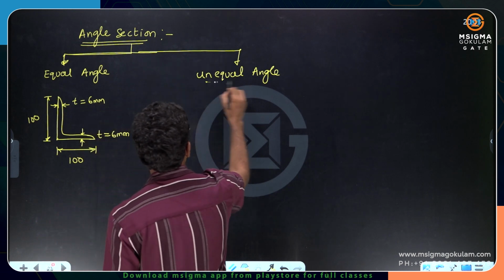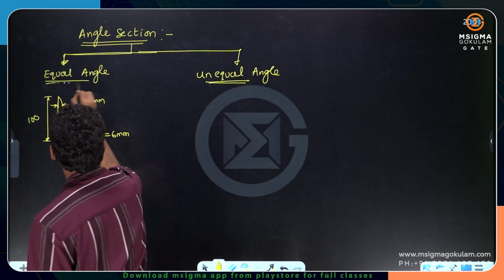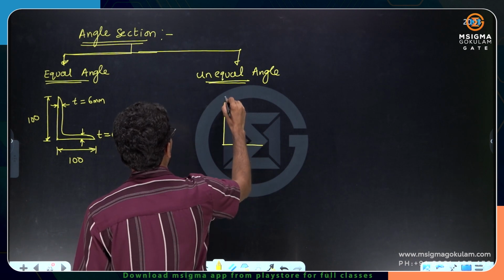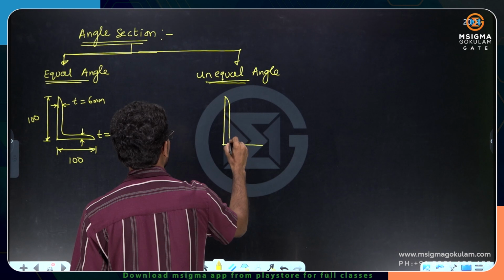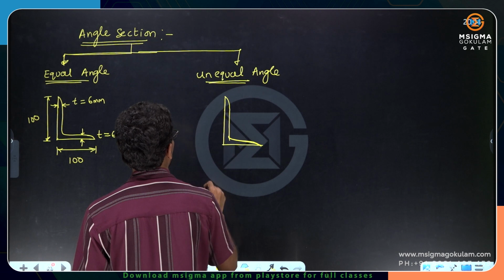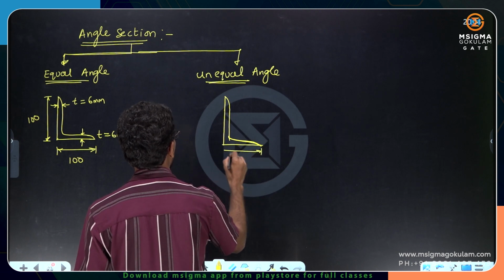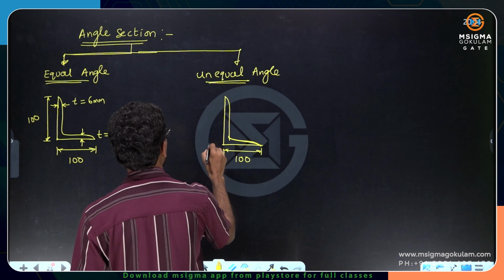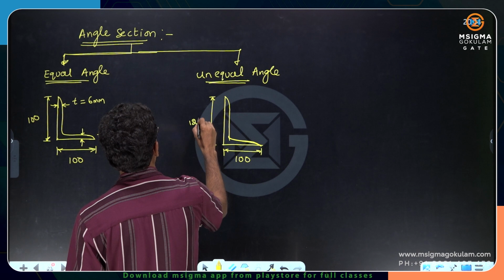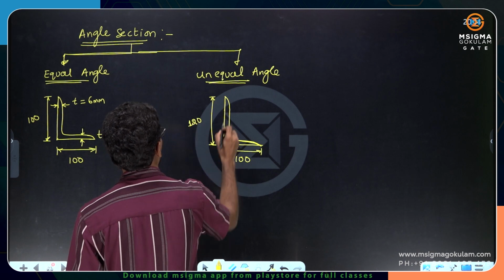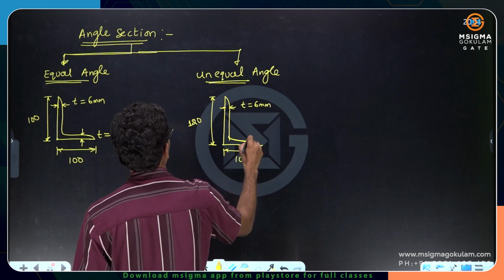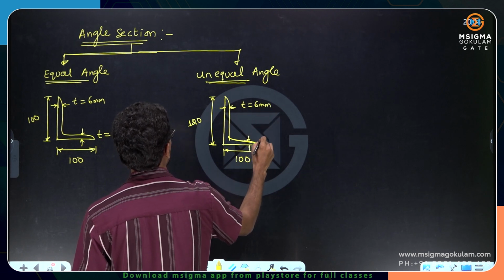Suppose leg widths are different. Look here, one leg width is this much and another leg width is this much. So understand, dear friends, if this is 100, whereas another leg is, let's say, 120, and the thickness is same, this is 6 mm and this is also 6 mm.